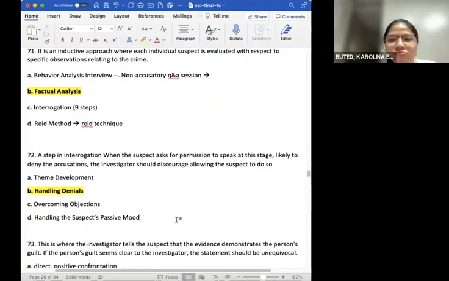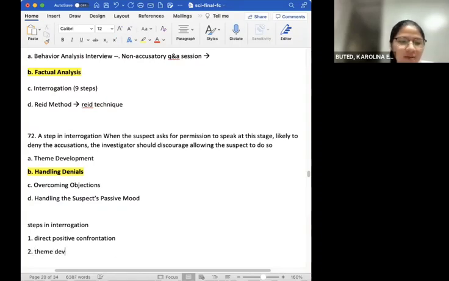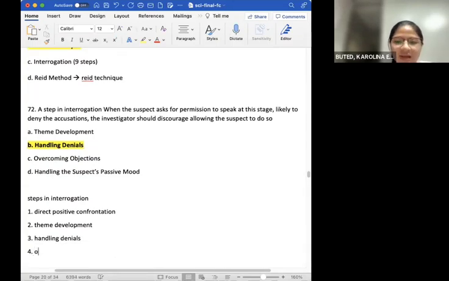Okay, ano ba yung steps natin or the 9 steps in interrogation? Lagyan na natin dito steps in interrogation. Meron tayong tinatawag na direct positive confrontation. Meron tayong theme development. Handling denials. Meron tayong overcoming objections.